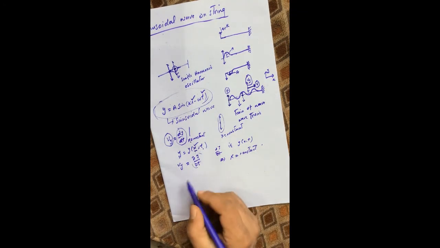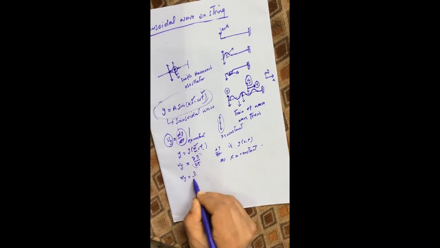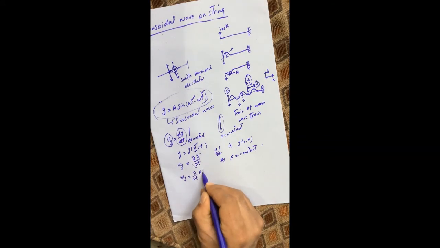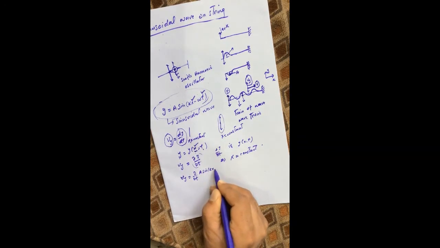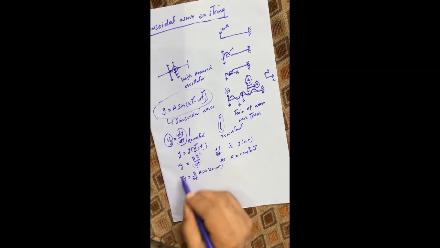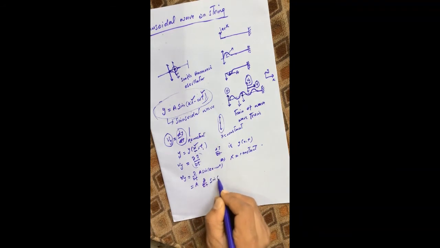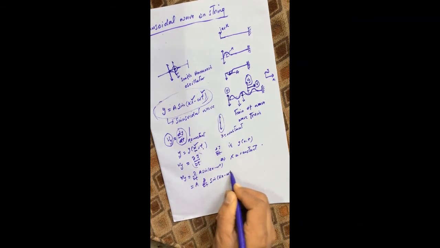Now we have y given, so vy is equal to partial by partial t of a times sine(kx minus omega t). Now a is constant, so I can keep it outside of the derivative. So we have partial by partial t of sine(kx minus omega t).